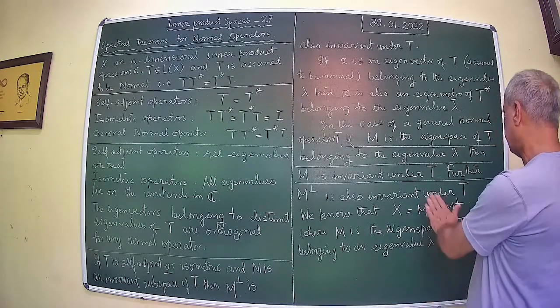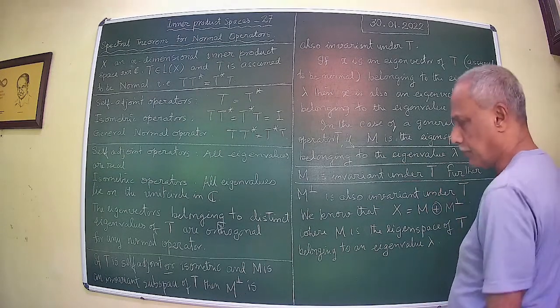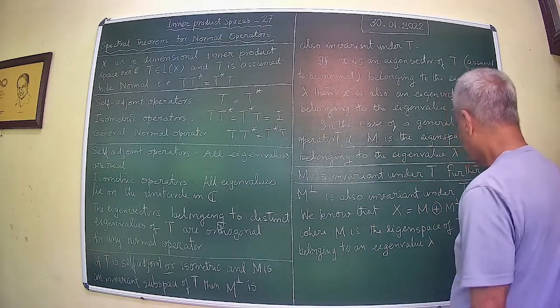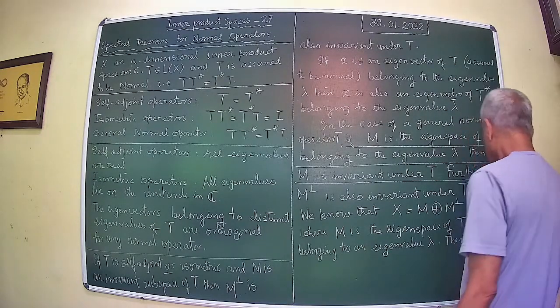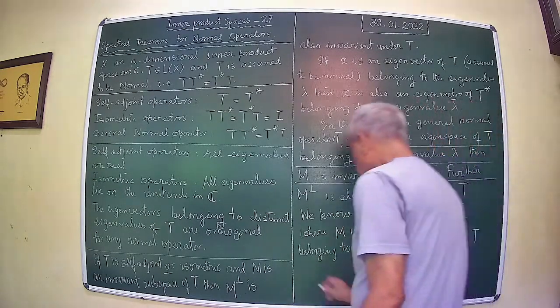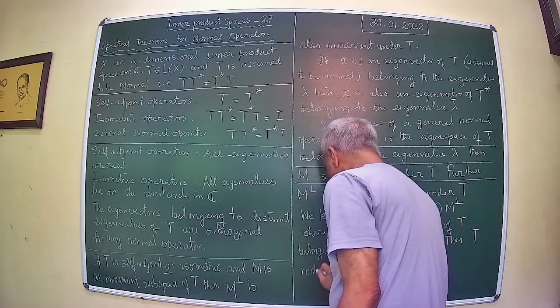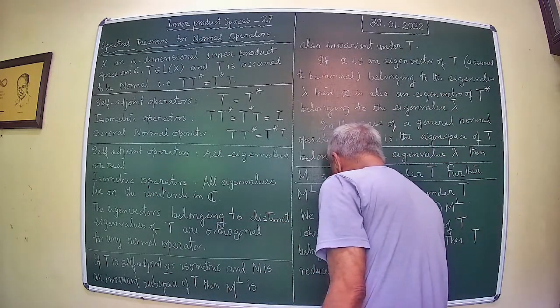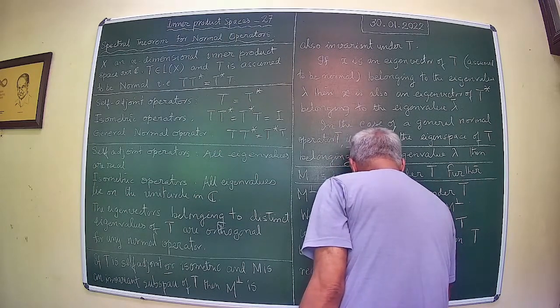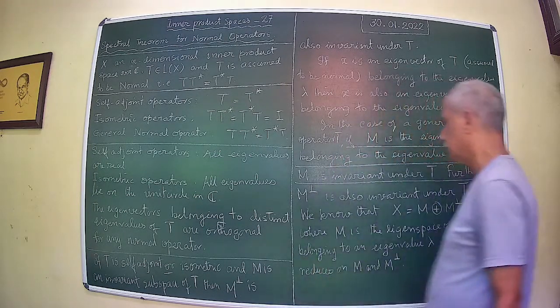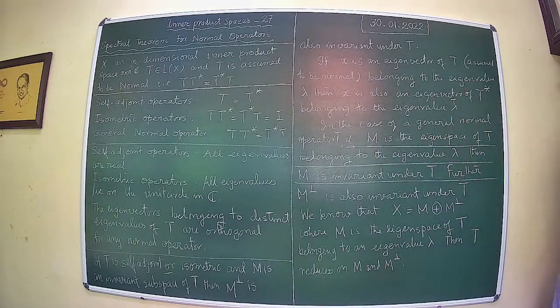Then what we have said is that both M and M perp are invariant under T. T reduces on M and M perp.